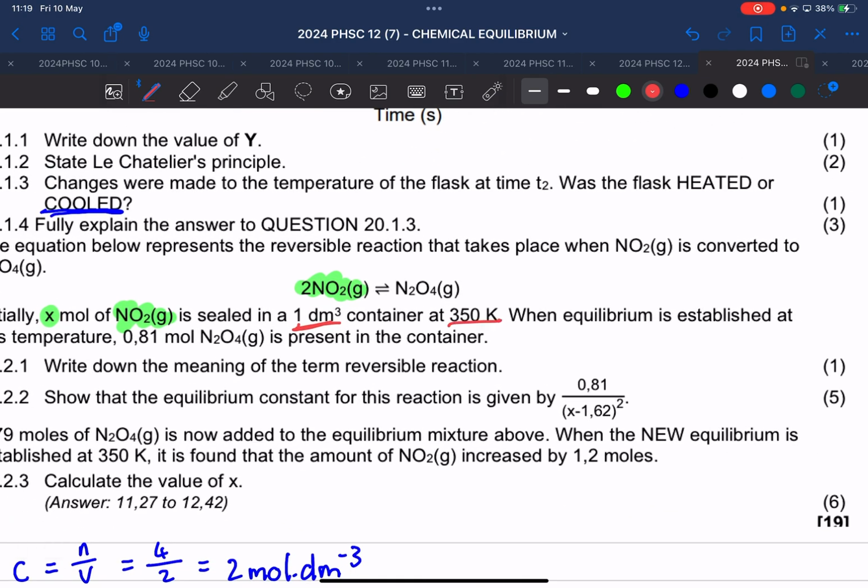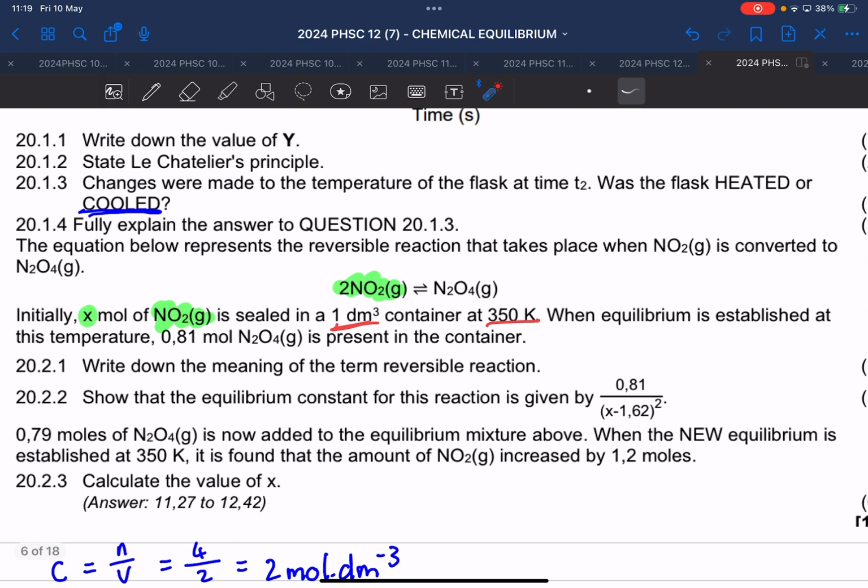When equilibrium is established at this temperature, there is 0.81 moles of N2O4, our product, present in the container. Write down the meaning of the term reversible reaction. When the products can be converted back into reactants.